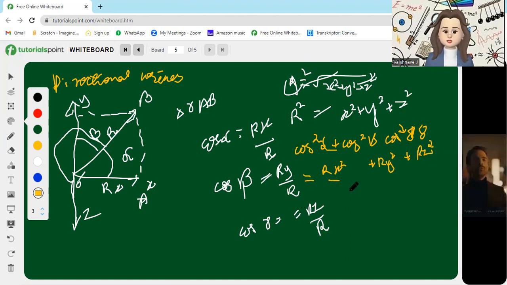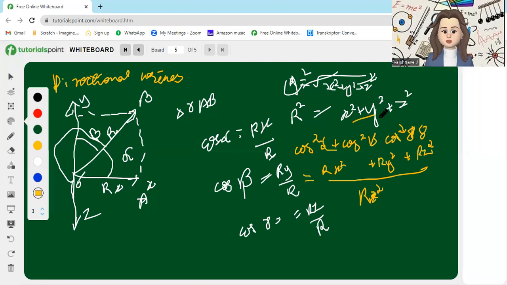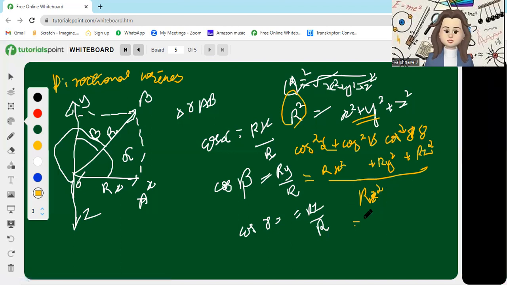Now from this we have seen that Rx square plus Ry square plus Rz square is nothing but R square, so R square by R square gets cancelled and you'll get the value 1.